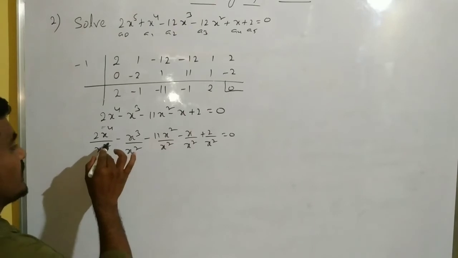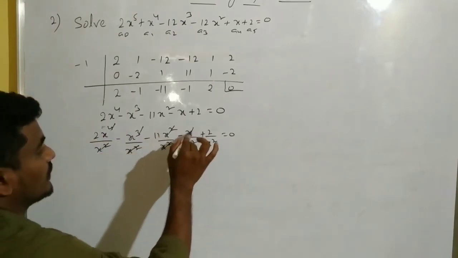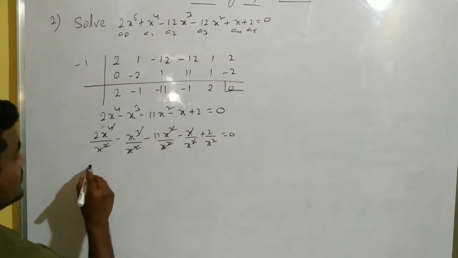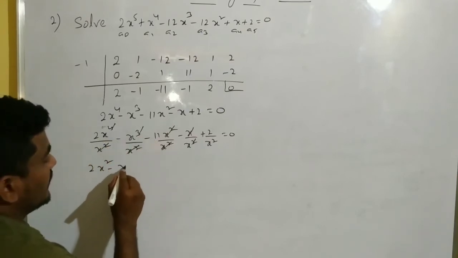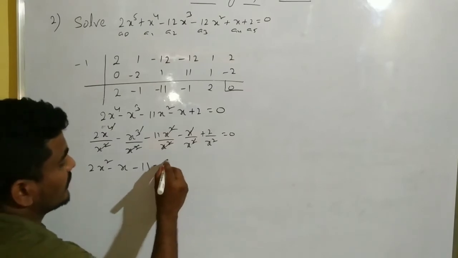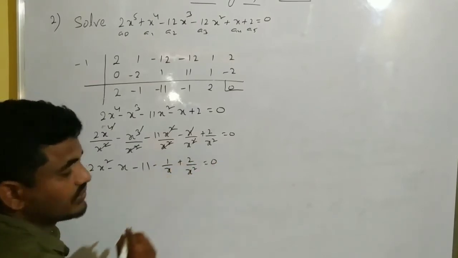And next we have to do the cancellation. After getting here we can get 2x square, and here we can get x, and here no x will be left. Here 1 by x plus 2 by x square equals 0.